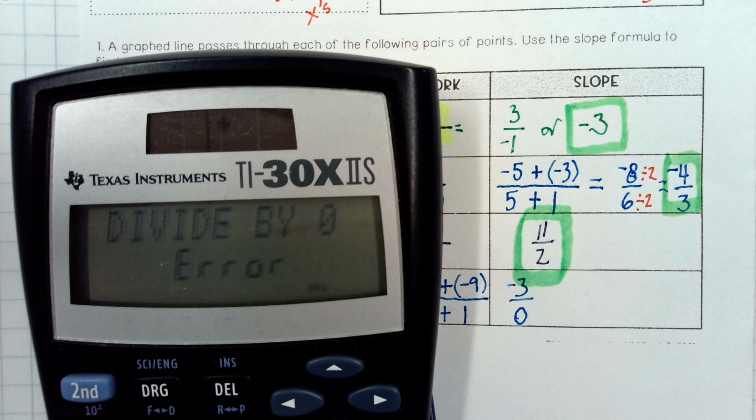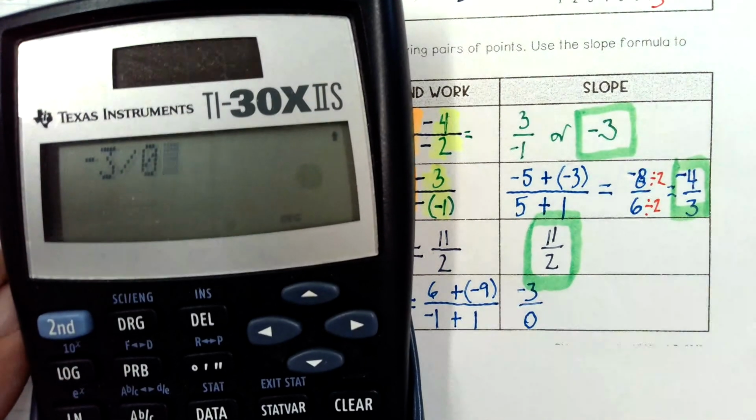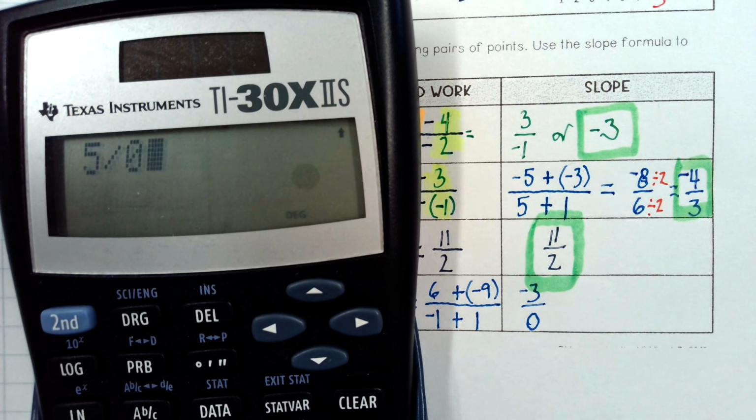The thing is, mathematically, it's impossible to divide by 0. Because here's what you're saying. Give me a number and divide by 0. Let's say 5. Remember, the denominator, we want to know how many times the denominator goes into the numerator.